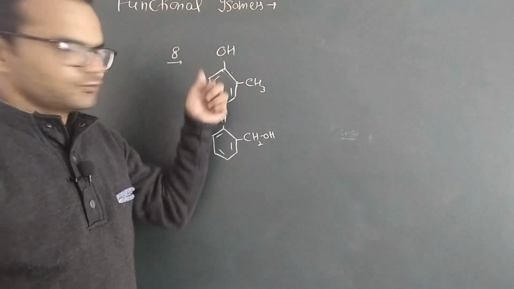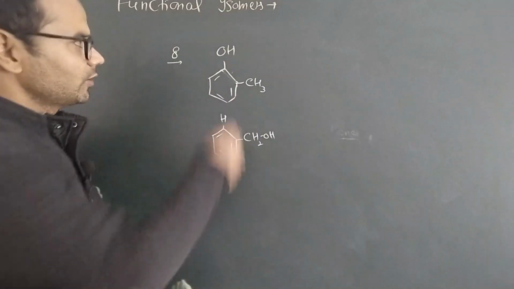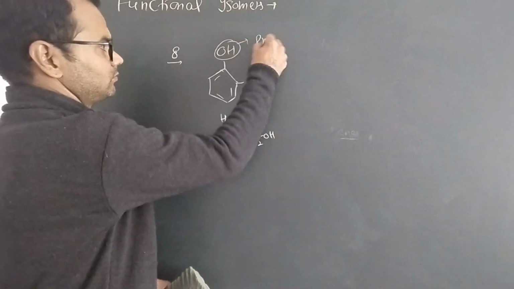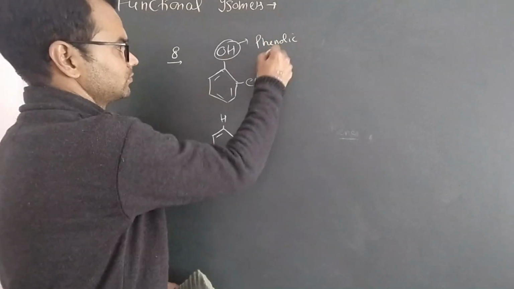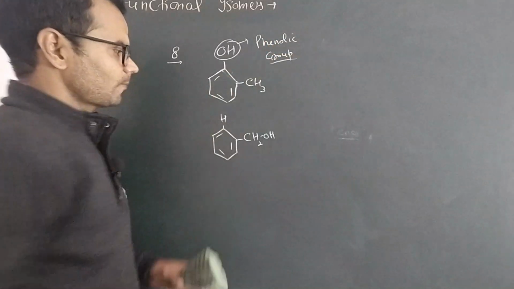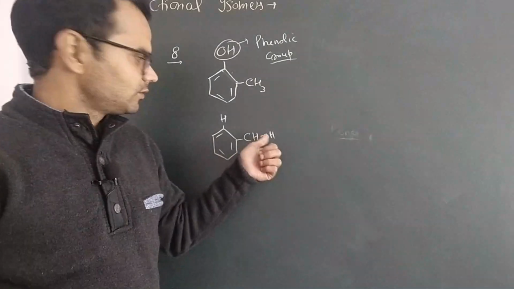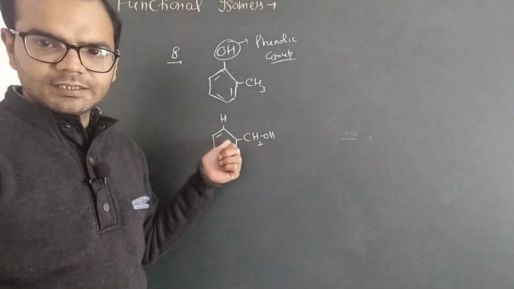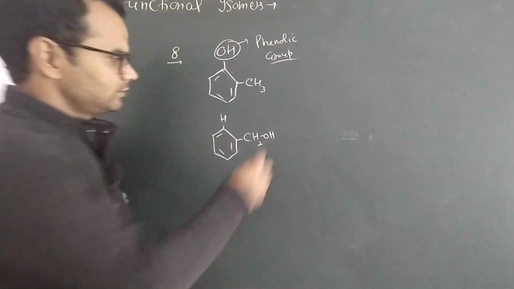If OH is attached to the benzene ring, then it is called phenolic group. But if the OH group is not attached to the benzene ring, then it is called alcoholic group.